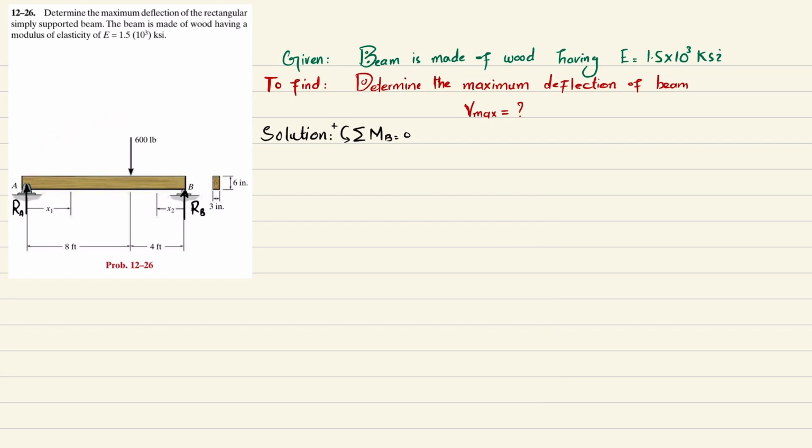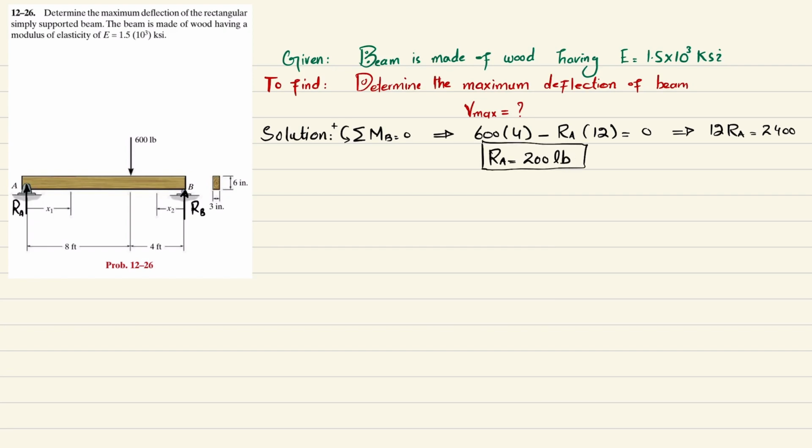So I will write here 600 into 4 minus RA into 12 is equal to 0. From here you will get 12 RA is equal to 2400. So RA will be equal to 200 and the unit will be pounds.